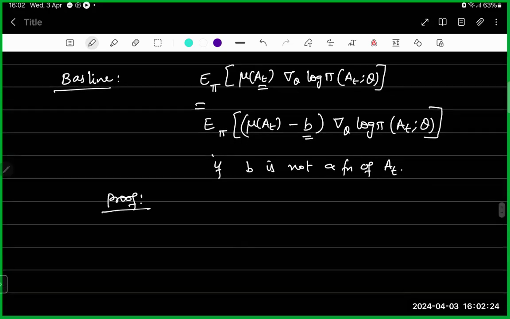So what do I need to show? I have to just show this thing, right? It suffices to show this thing. If I show this, that is good enough to show that both those expressions are equal, right? So let's see how we can do this.